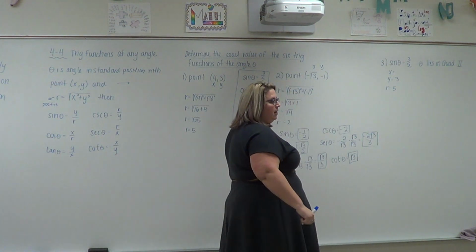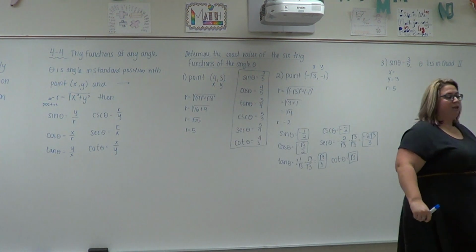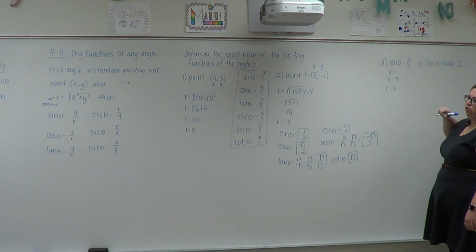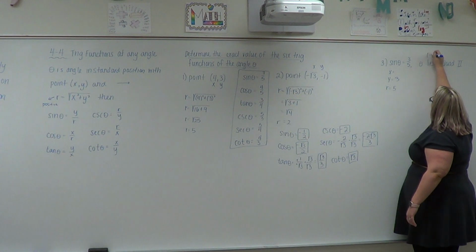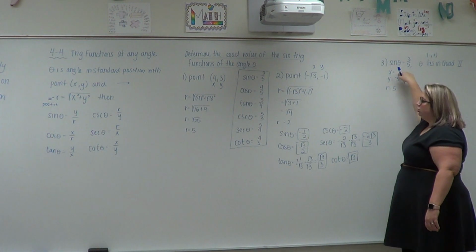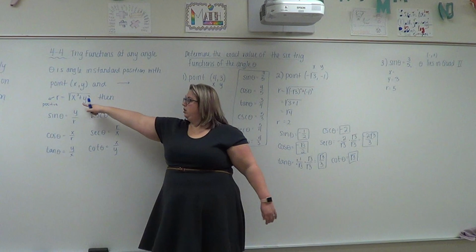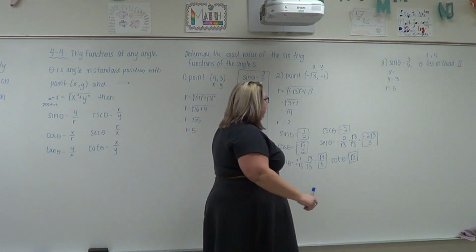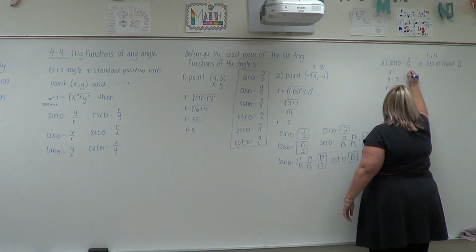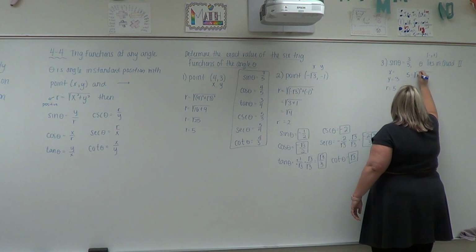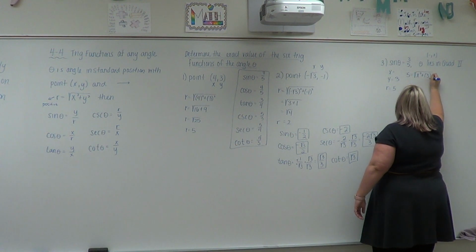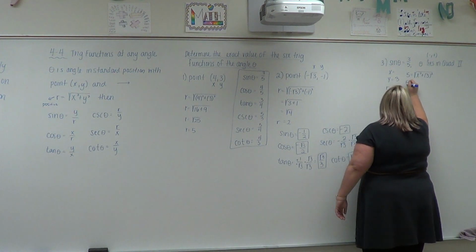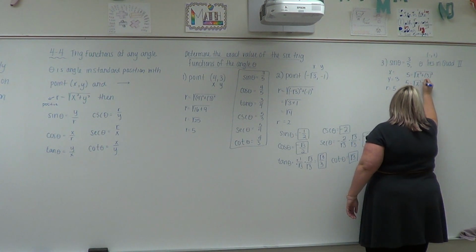Now we can use the equation. Now, this is the part you have to pay attention to. If it lies in quadrant 2, x is negative and y is positive. So when we solve for x using this equation, you have to remember that x has to be negative. So 5 equals the square root of x squared plus 3 squared. 5 equals the square root of x squared plus 9.